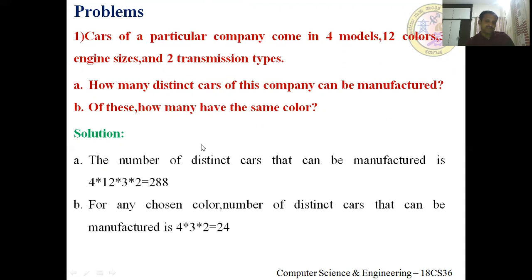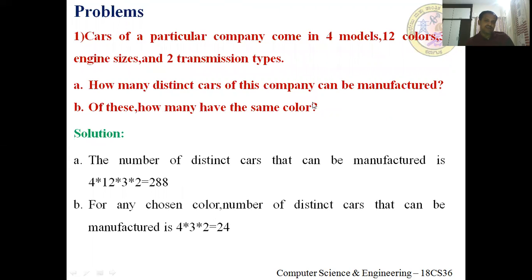Keeping the color as the constant: suppose you have 12 colors, out of this you keep color as the constant. For a chosen color, the number of distinct cars that can be manufactured is 4 models into 3 engine sizes into 2 transmission types, that is equal to 24 ways.